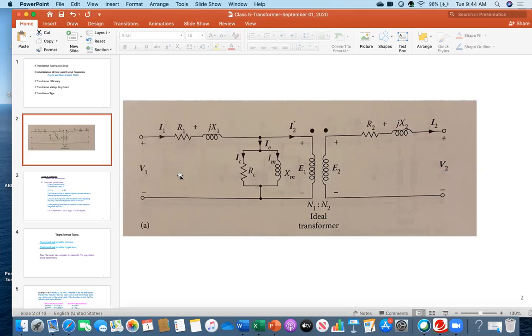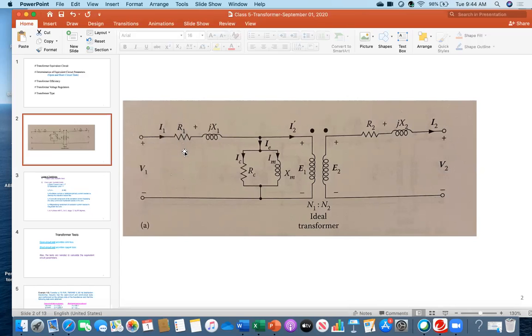So this means that if you start from the left side, we are applying voltage on the primary coil and current flowing, which is I1 on the top. And I am assuming two components. One is, you see, R1.